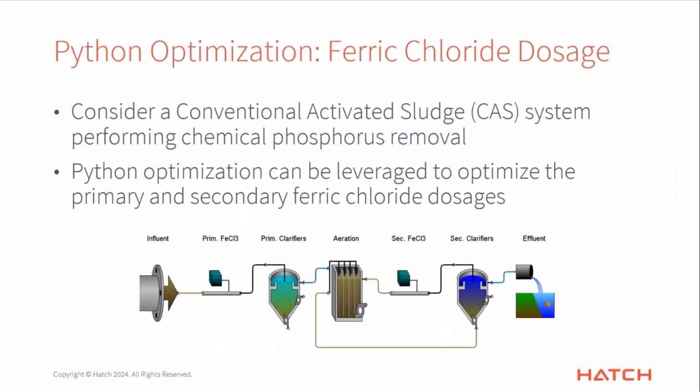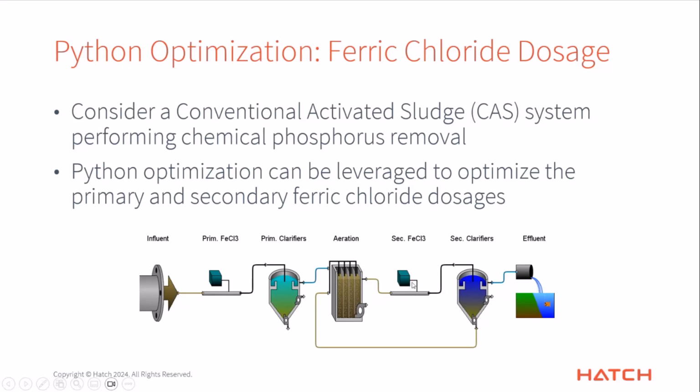All right, so let's get into the actual optimization problem that we'd like to use Python for. We're going to take a look at a very simple, basic conventional activated sludge system where we want to do chemical phosphorus removal. In this process, we have an influent, a primary ferric chloride dosage point, a primary clarifier, an aeration tank, a secondary ferric chloride dosage point, our secondary clarifier, and then an effluent.